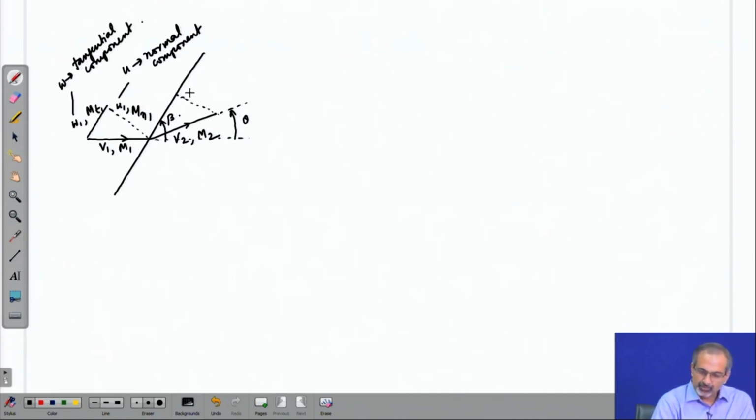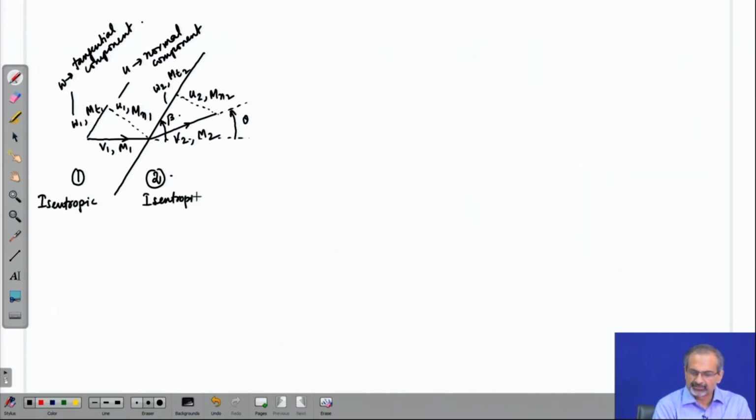And once you move across the shock, we state the properties in region 2. So, basically region 1 is ahead of the shock, region 2 is behind the shock, and remember that both region 1 and region 2 separately are isentropic regions.